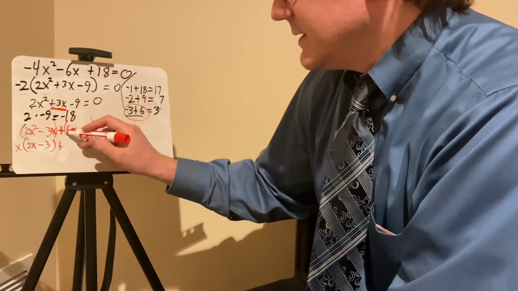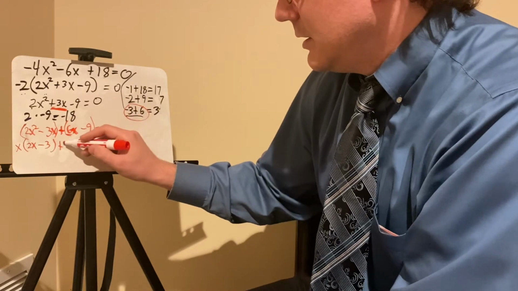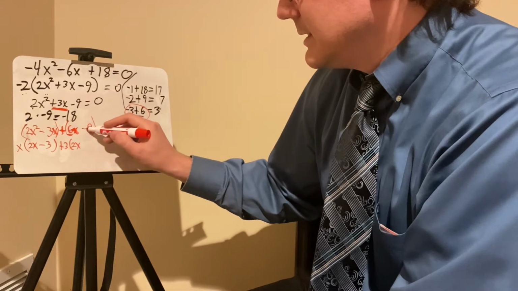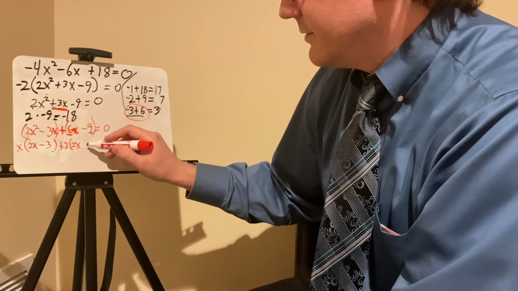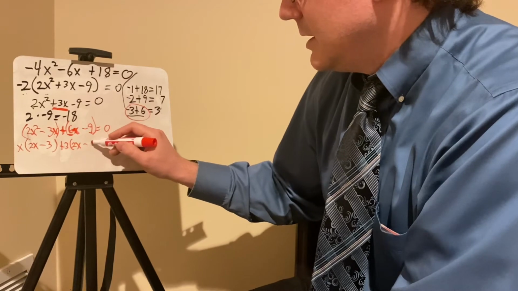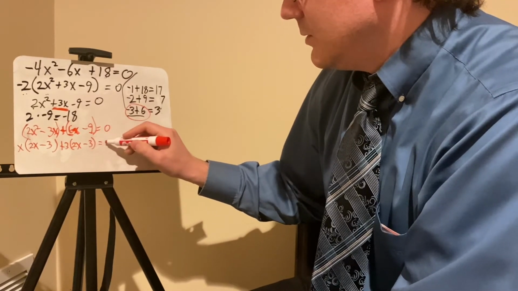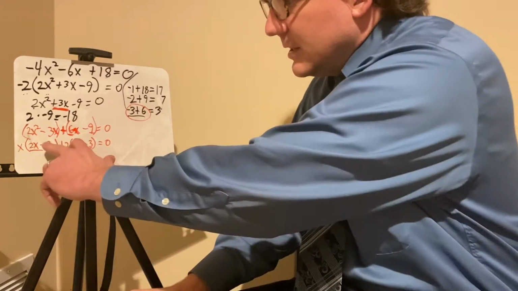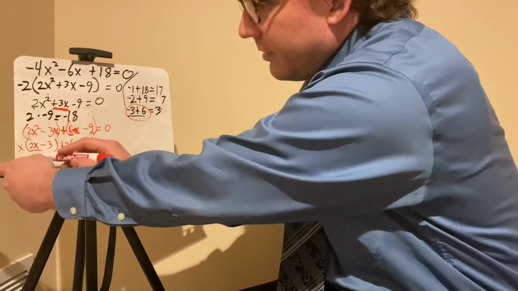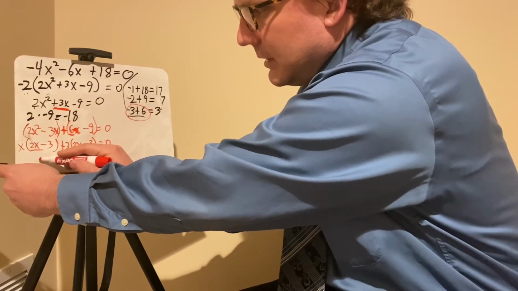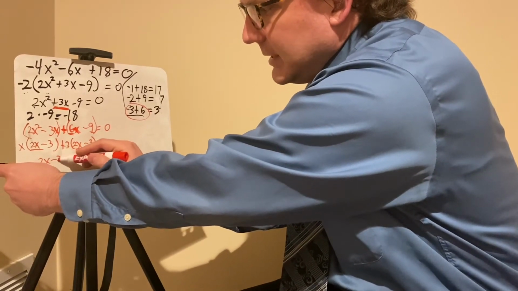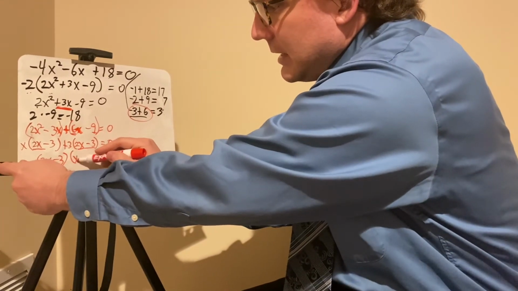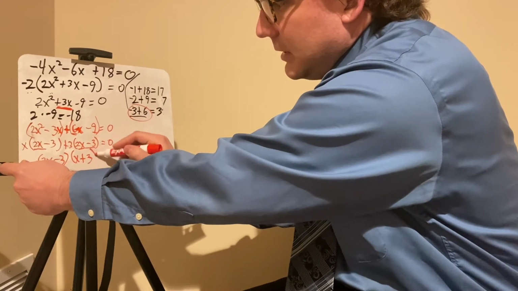Plus, the common factor of the last two would be 3: 3 times 2x minus 3, since -9 divided by 3 is -3, equals 0. You can see I ended up with two factors that are the same. So I can pull that out as a factor: 2x minus 3 times x plus 3.